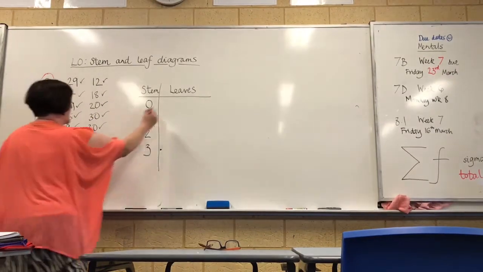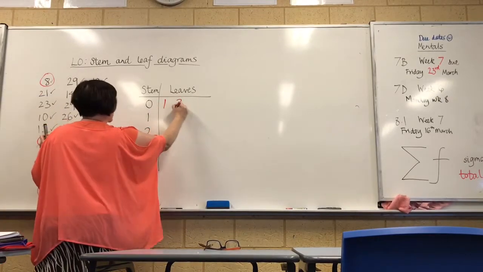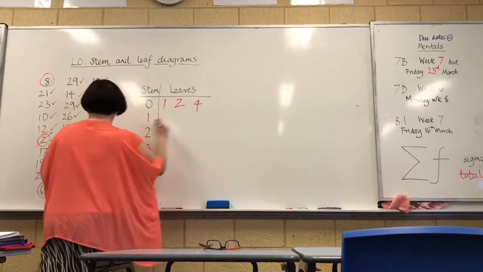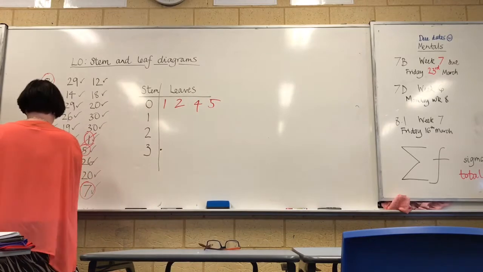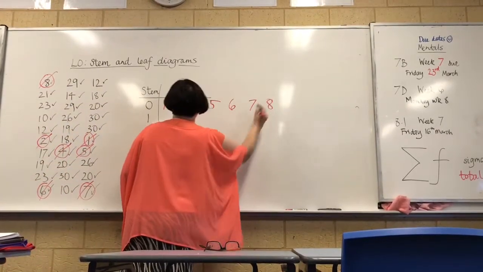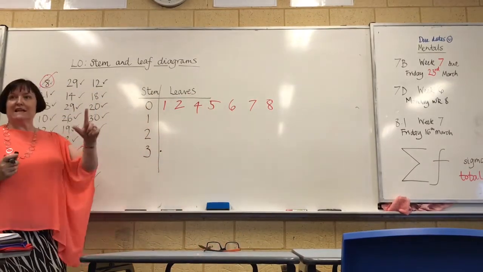The 1 is going to go first, then I've got a 2, then a 4, the 5, the 6, the 7 and the 8. So now our leaves are in ascending order.